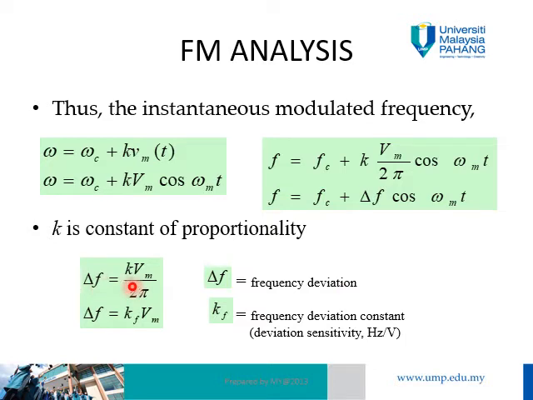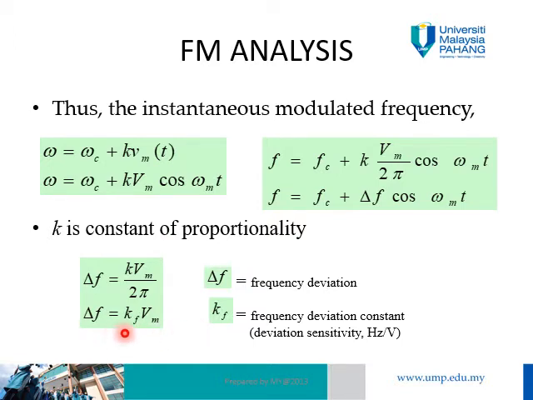Delta f is k Vm over 2 pi, which is the frequency deviation, and k is the constant of proportionality. k is a constant. Simple. Constant of what? Constant of proportionality.